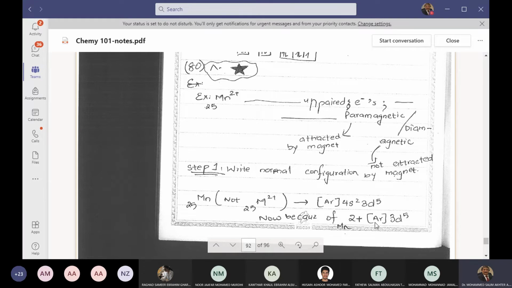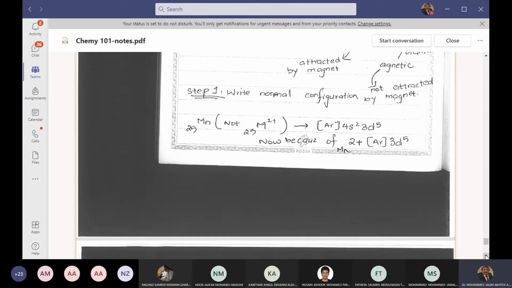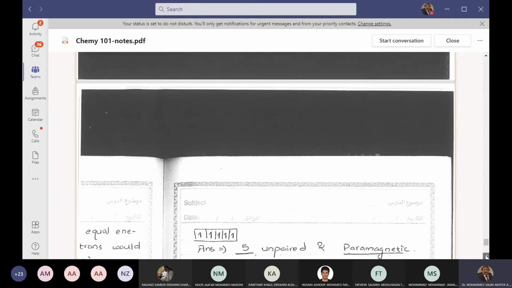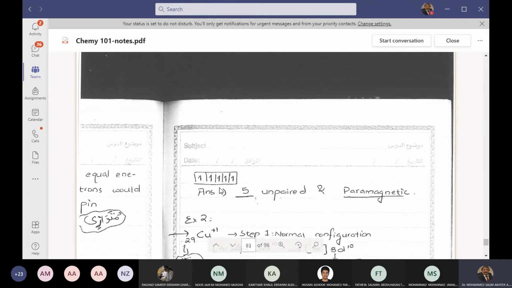So now my configuration is Ar 3d5. Next step. I know that the d orbital has 5 boxes. According to Hund's rule, if orbitals of equal energies are available, electrons would like to have a parallel spin. So 5 means 1, 2, 3, 4, 5.